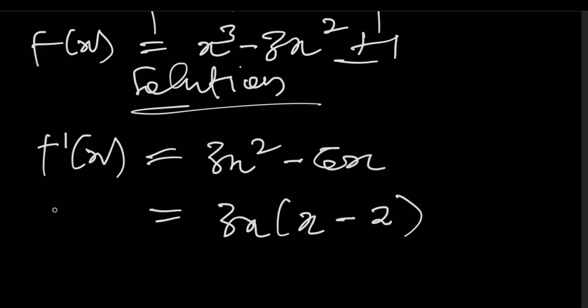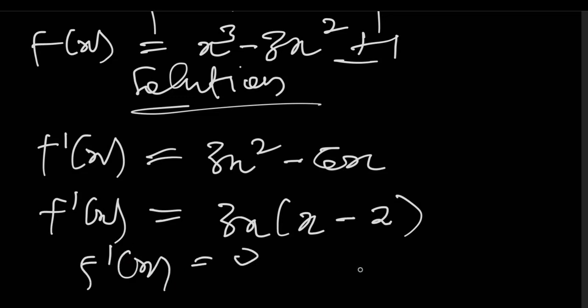So we can say that if f prime of x is equal to 0, then x will be equal to 0 and also x will be equal to 2.